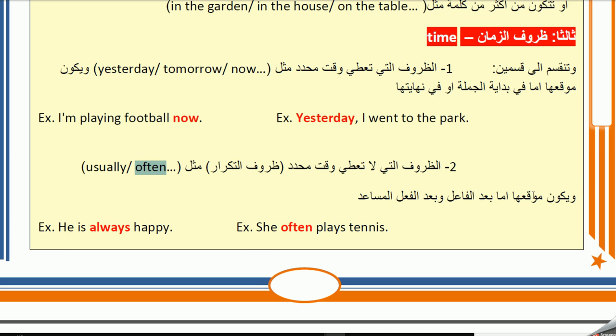Usually, the place of these adverbs of time is after the subject or after the auxiliary verb. For example, he is always happy. The word always, adverb of time, comes after the auxiliary verb. Another example, she often plays tennis. The word often, adverb of time, comes directly after the subject.